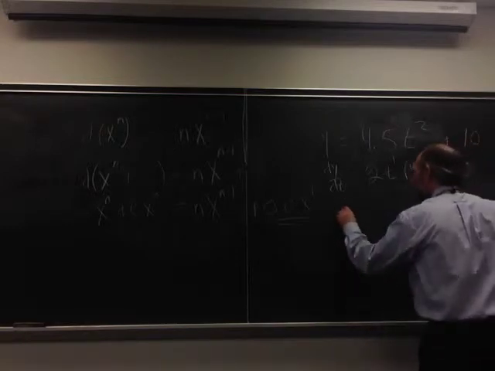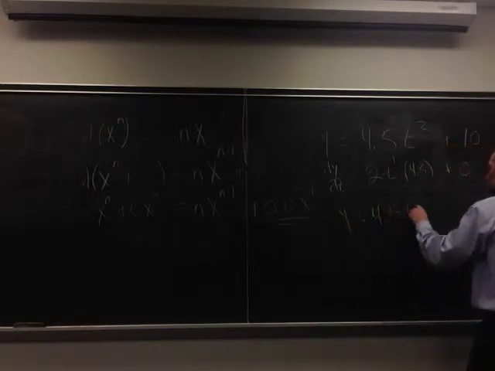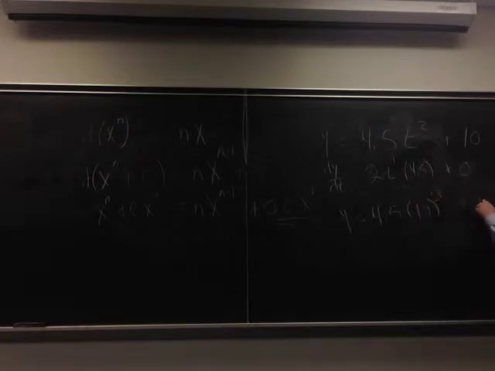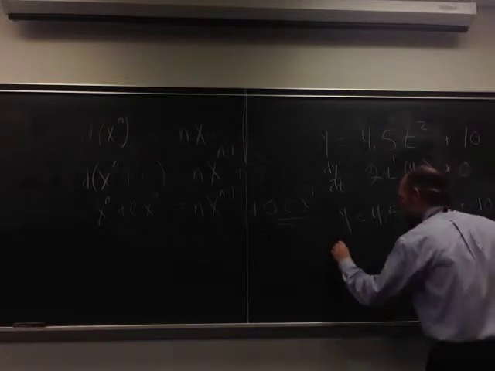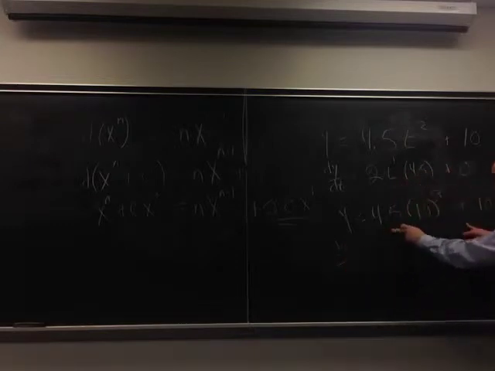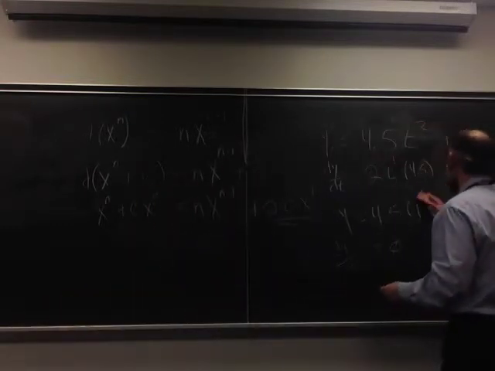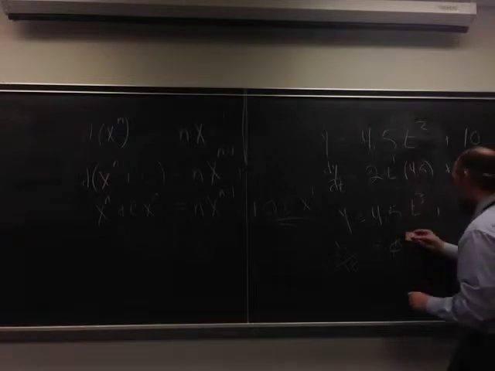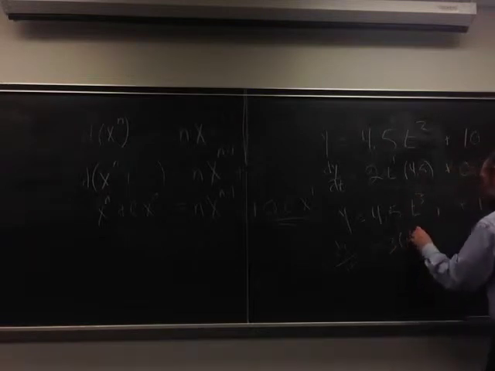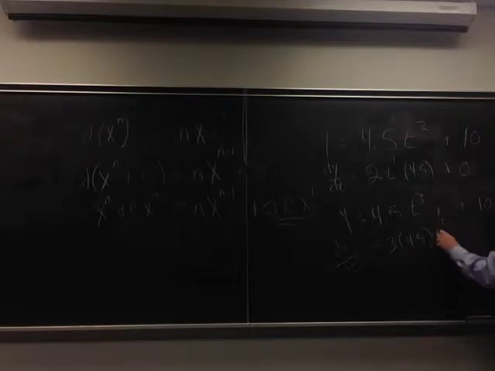So if you tell me that y is equal to 4.5 times 10 cubed plus 10, the derivative of y with respect to t in this case is 0, because there's no t here, and there's no t there. But what if there was 4.5 times t to the third? Would that be 3 times t squared times 4.5? Exactly. Okay. Does that make sense?